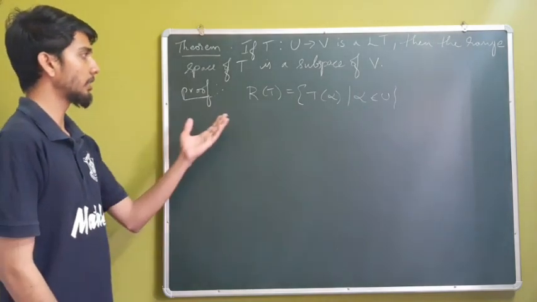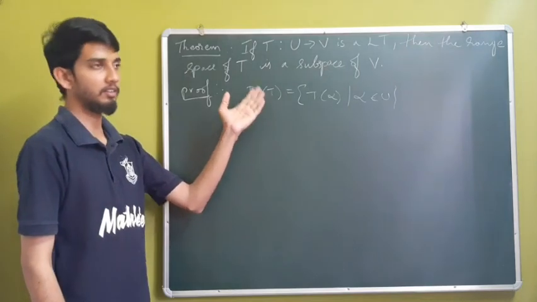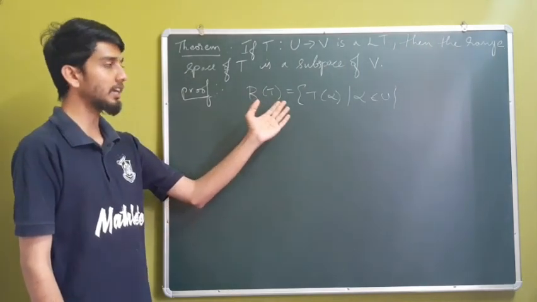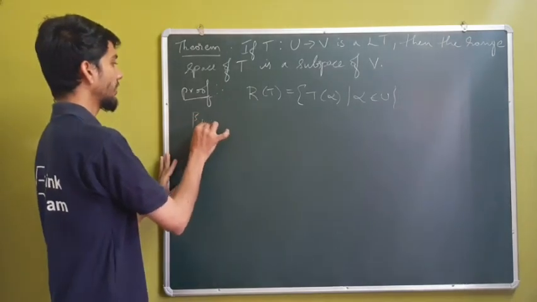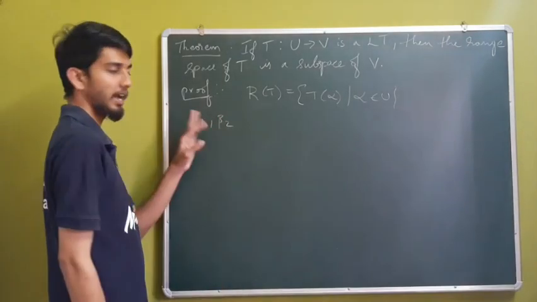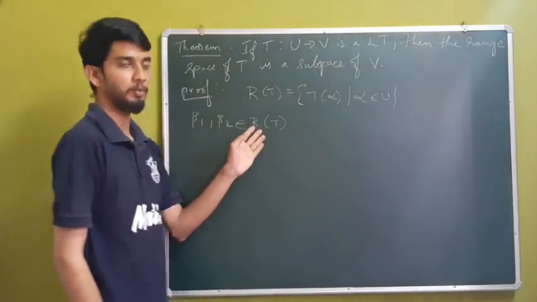Clearly, the set R of T is a non-empty subset. So I will take any two elements, say beta 1 and beta 2, in R of T, which is to be proved a subspace.